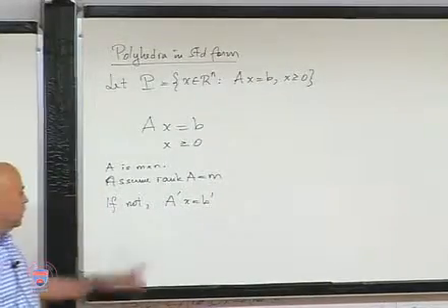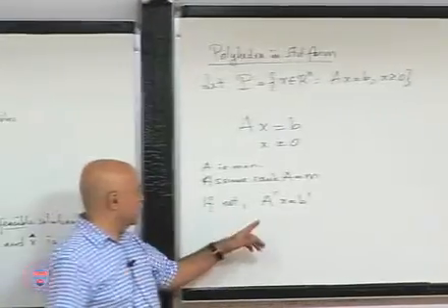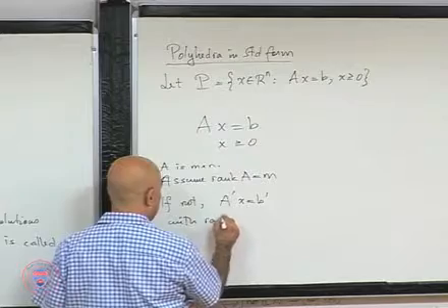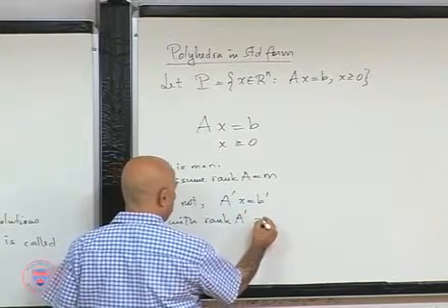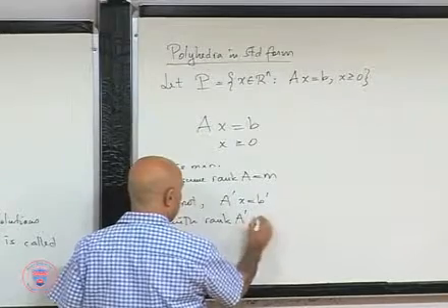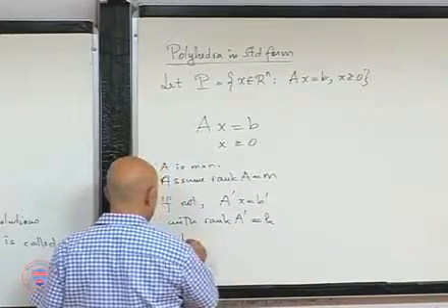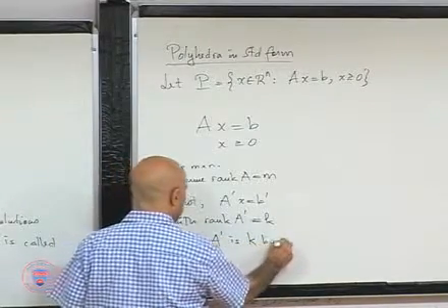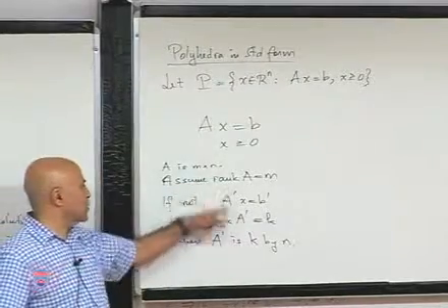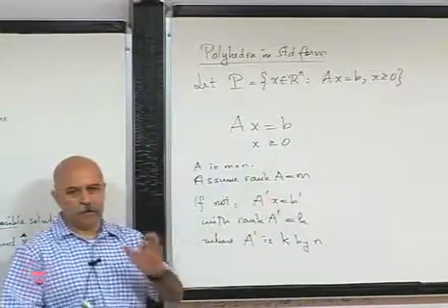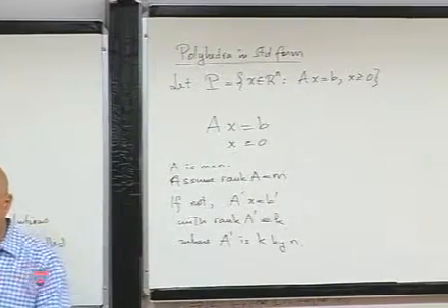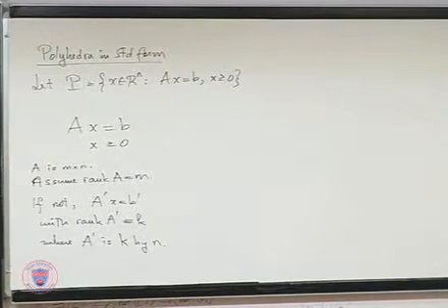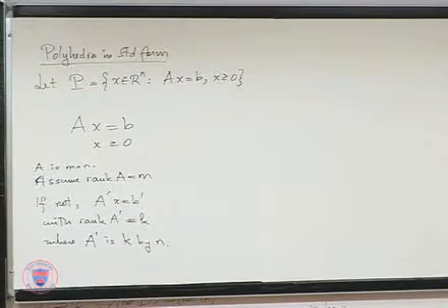A bunch of rows are eliminated. We can get this with rank A prime being equal to, say, k, where A prime is now k by n. So you can always reduce your system to this form where the number of rows is the same as the rank of the matrix. You can do that by elementary row operations. It's always doable.